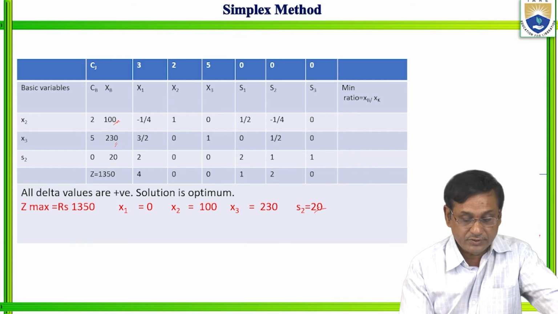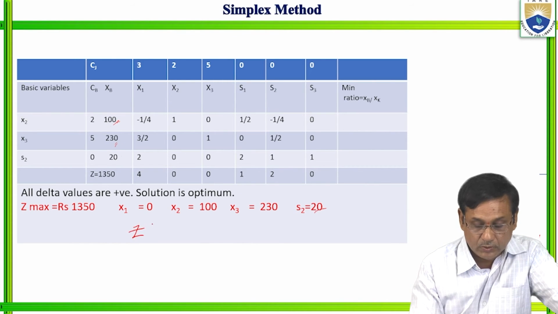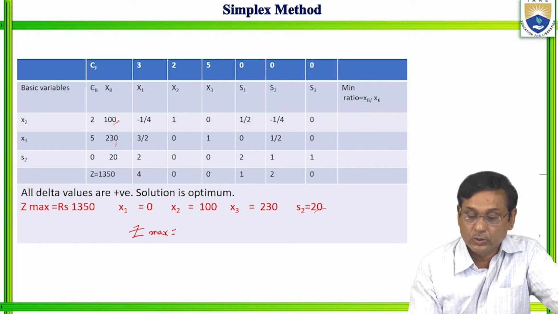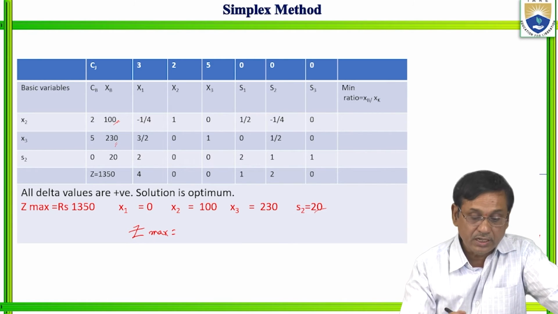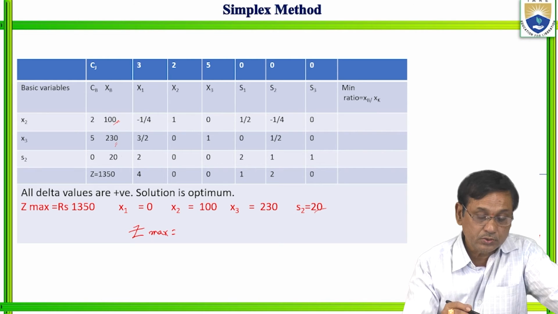Now the value of z, you can find out like this. Z max is equal to, what is the function? We have to consider the given function and substitute here. Then you will get the solution.